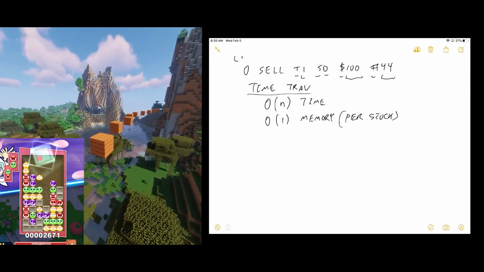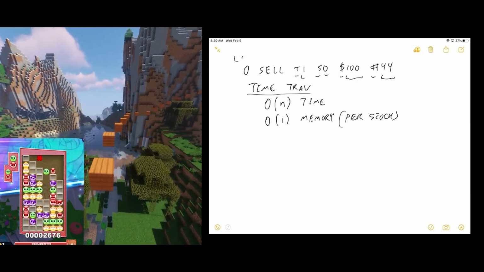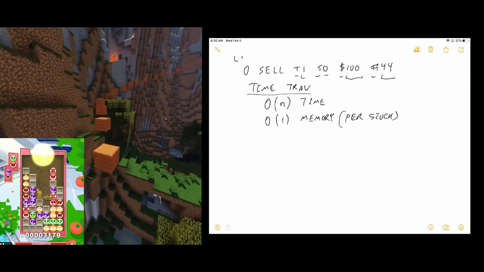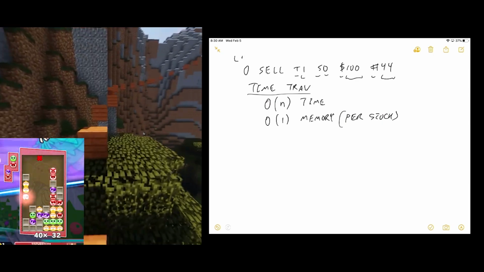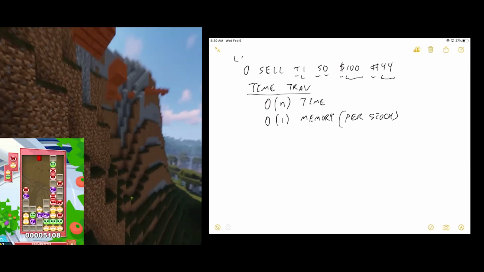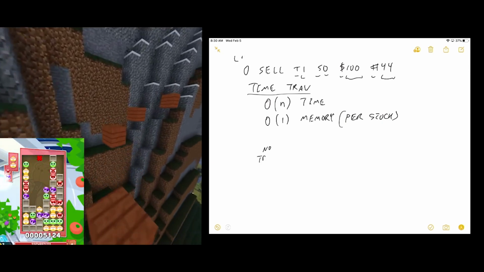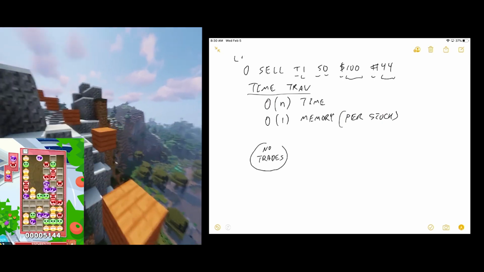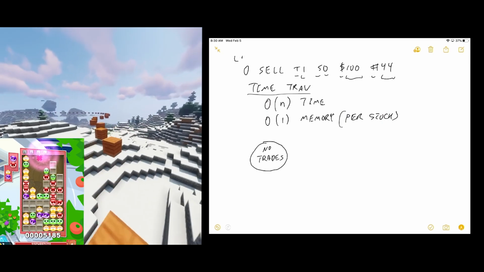So what states are important to a time traveler? Well, we could call it the beginning state, the initial state. I could have a state, I could call it I have no trades. So I've seen no trades yet. That's my initial state. Now, other states we'll get to in a few minutes.